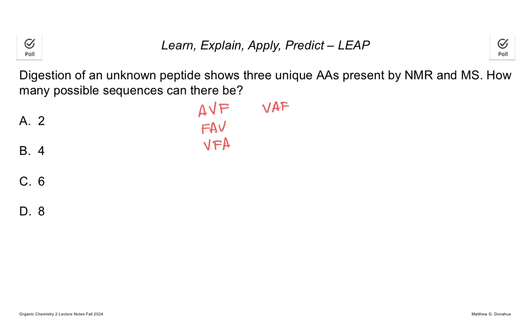So A, V, F, F, V, A, A, F, V. So that'll give us 6.